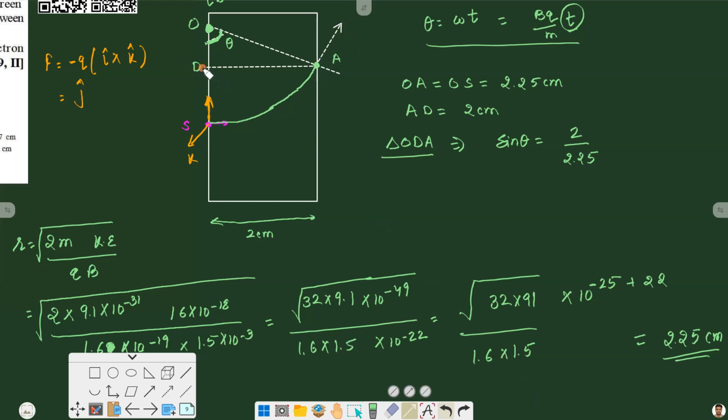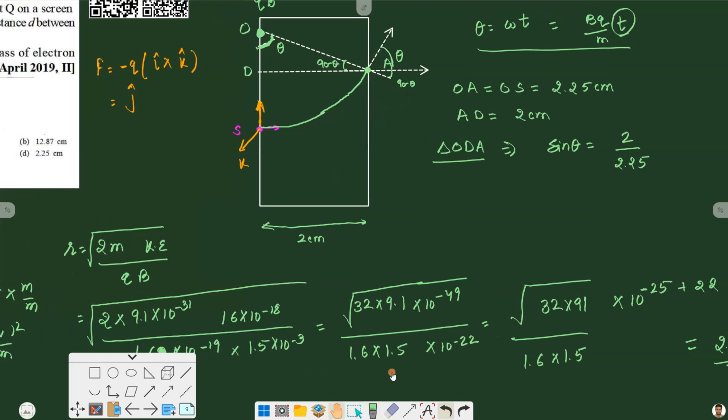And if we extend this AD line slightly more and use some trigonometry, if this is theta, this will be 90 minus theta, and this angle will be theta. So we have the value of this angle theta. Now let's come back to our original diagram.